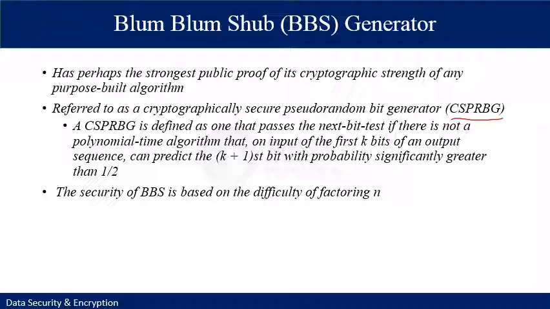The security of BBS is based on the difficulty of factoring n. In other words, given the first k bits of the sequence, there is no practical algorithm that can even allow you to state that the next bit will be 1 or 0 with probability greater than 1 by 2. So for all practical purposes, the sequence is unpredictable.